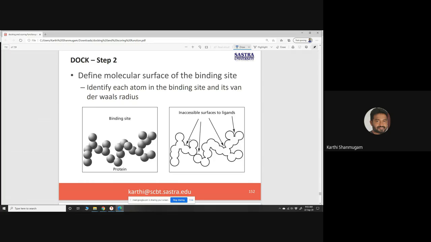Here in this image, if you missed the previous lecture, just a recap: each gray sphere is an atom lining up the binding site, and the radius of each atom is the van der Waals radius. The one on the right-hand side is the surface image of the amino acids which are lining up the binding site.